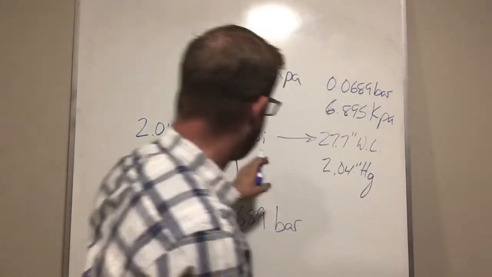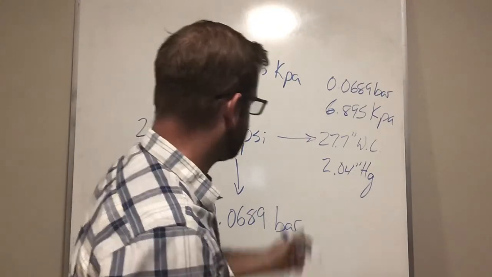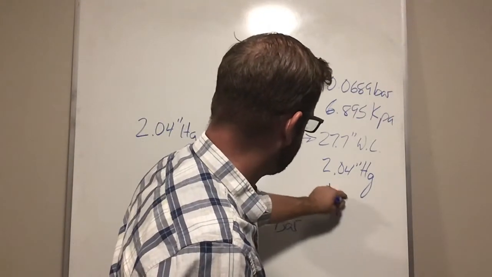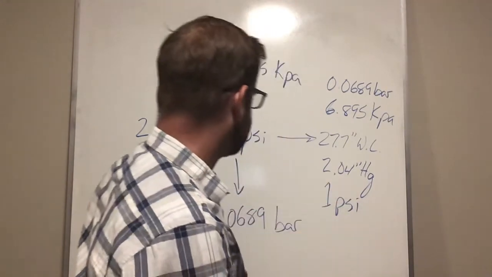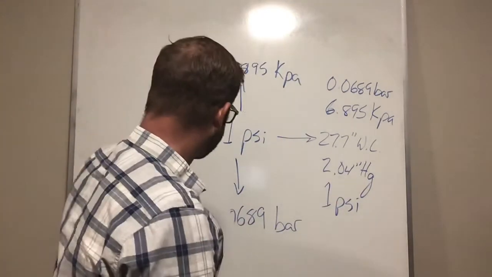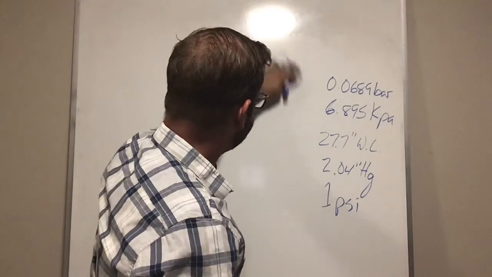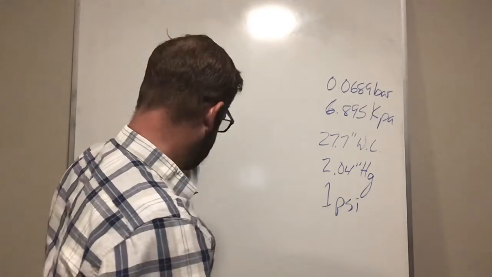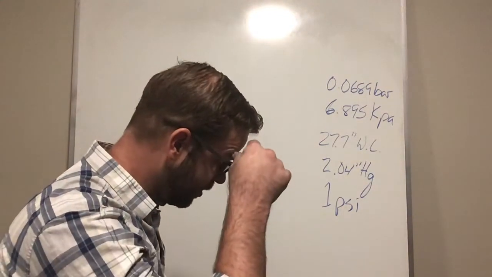So they all revolve around 1 psi. They all equal the exact same thing. And I'll show you a neat way to end up bouncing in between all of them.